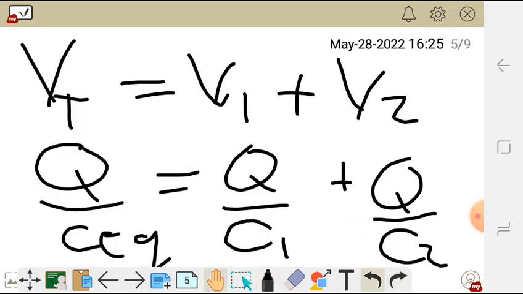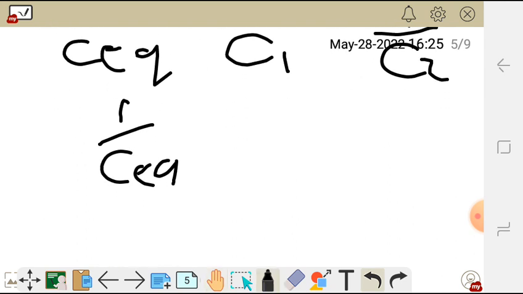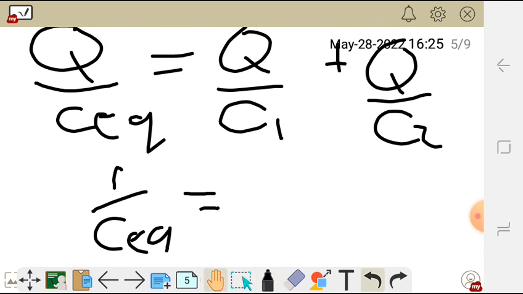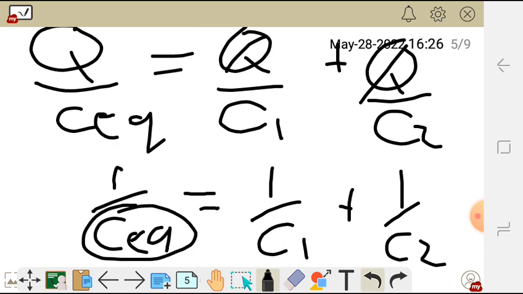Since charge is constant, we are going to have 1 over our equivalent capacitor, which is the total capacitance, is equal to 1 over C1 plus 1 over C2. So to find the total capacitor, you simply find the reciprocal of capacitor 1 and add it to the reciprocal of capacitor 2.